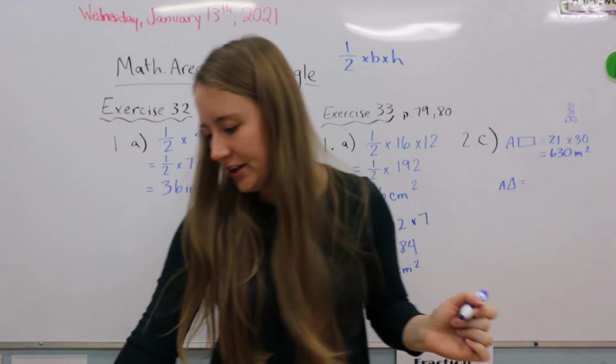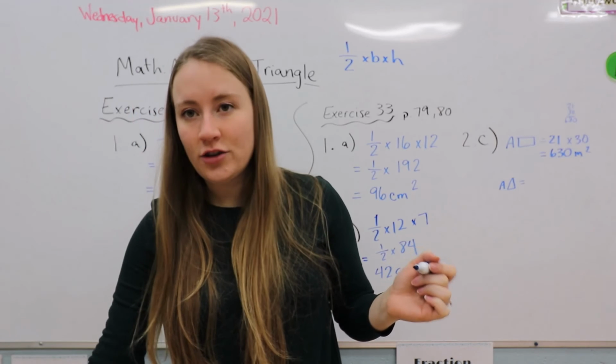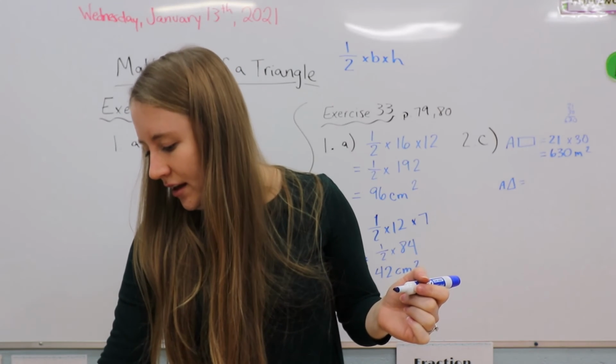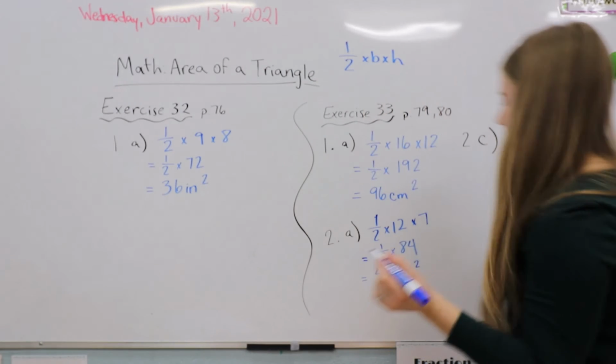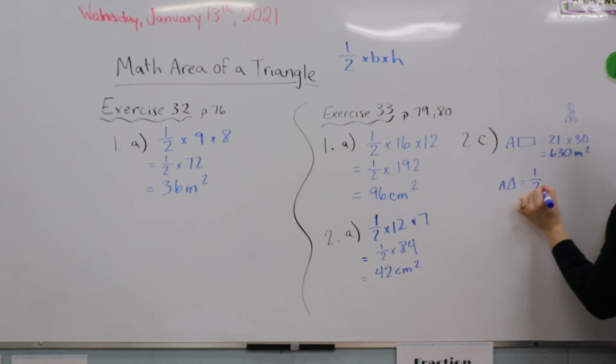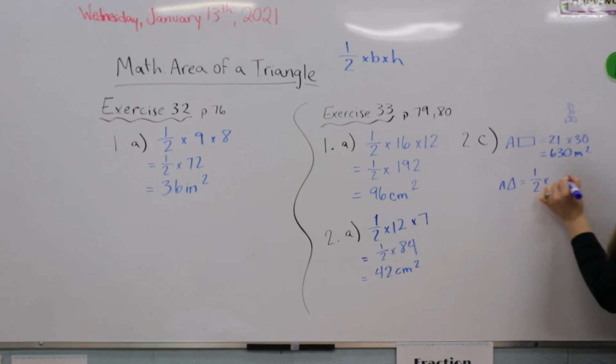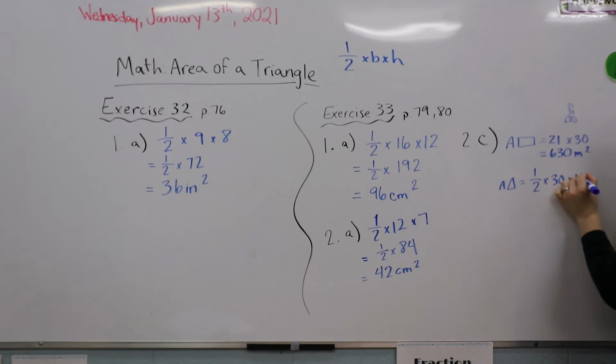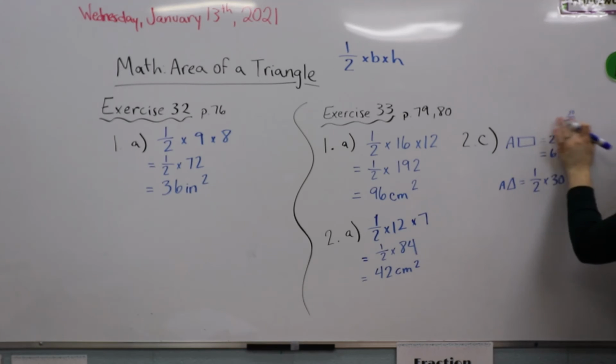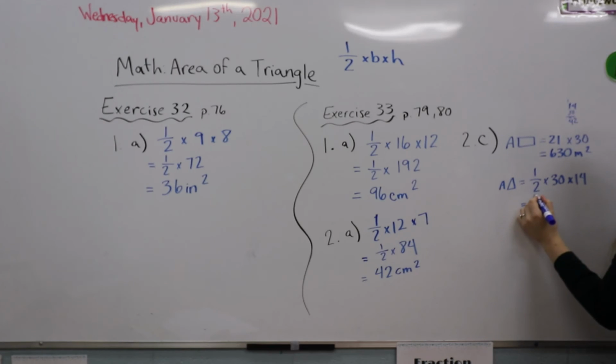For the area of the triangle, that's where the 14 meters counts, because that's how high the triangle is. So now we're doing 30 meters times 14 meters, and we have to remember our half times 30 times 14. So it's half of 420, which means it is 210 meters squared.